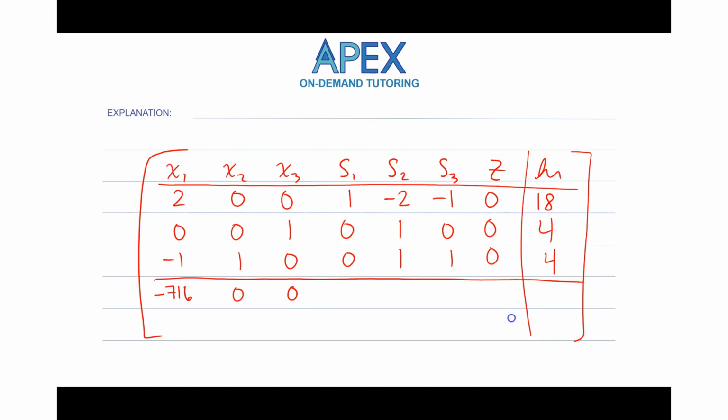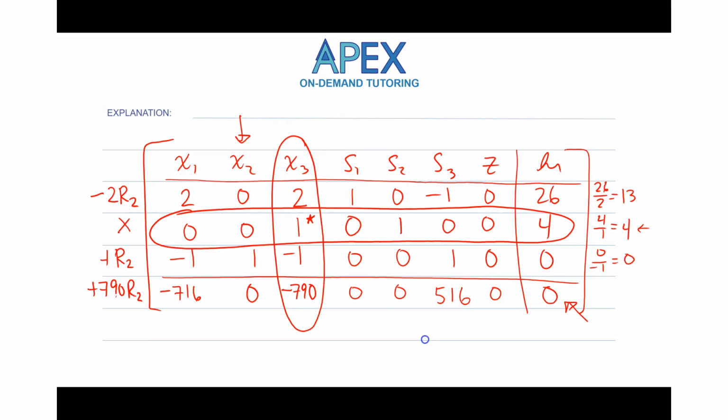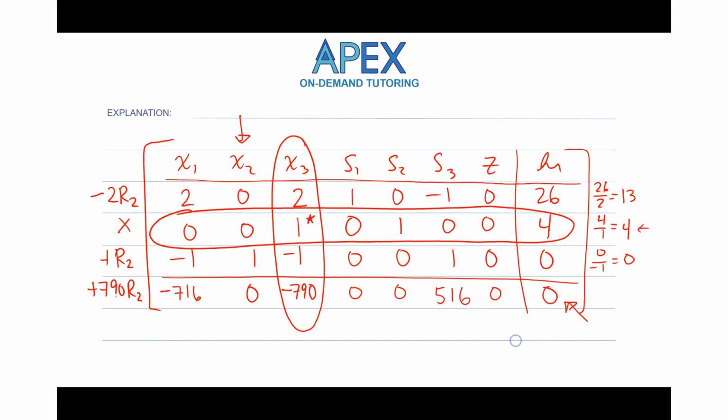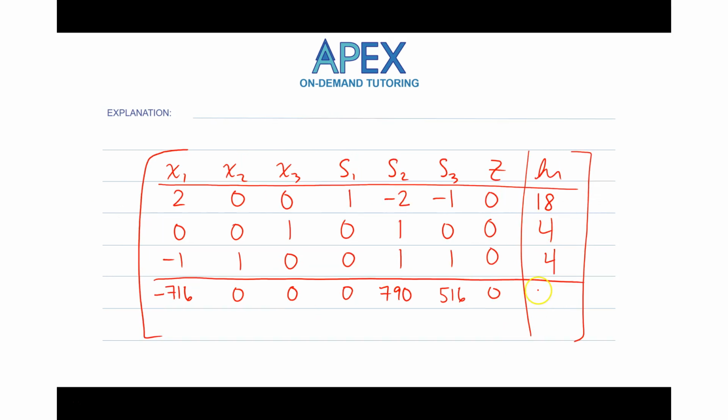And unfortunately, as a byproduct, we get 790 here. And we previously had 516 here, and this value is 0. Now we are going to gain 790 times 4. So this number has shot up to 3,160.